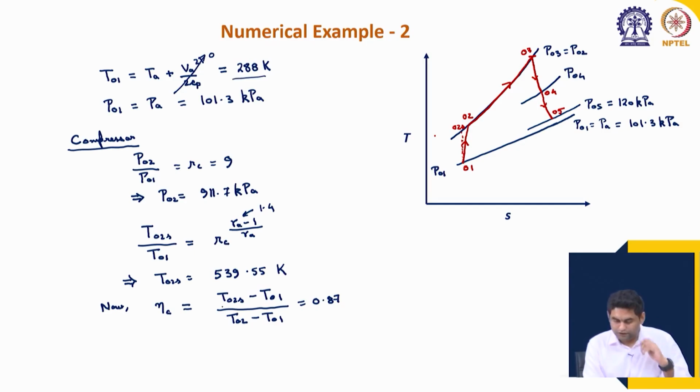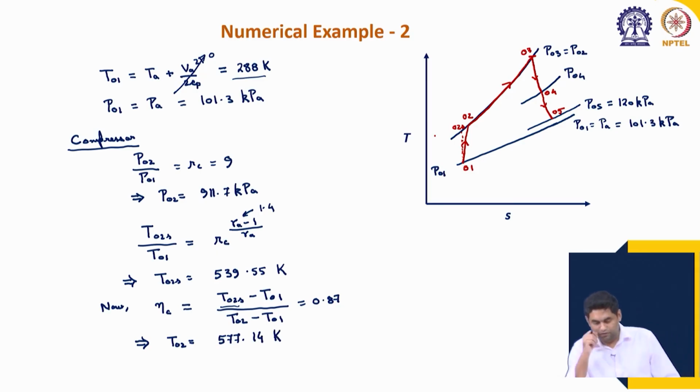T02s we have calculated right now, 539.55 Kelvin. So, only unknown is T02, and from here we get the value of T02 equal to 577.14 Kelvin. Okay. So, T02 and P02 are known now.